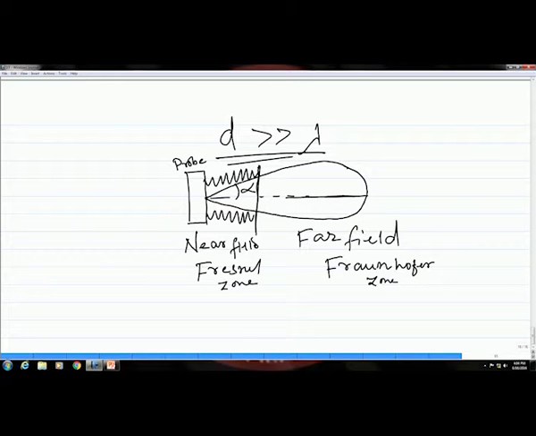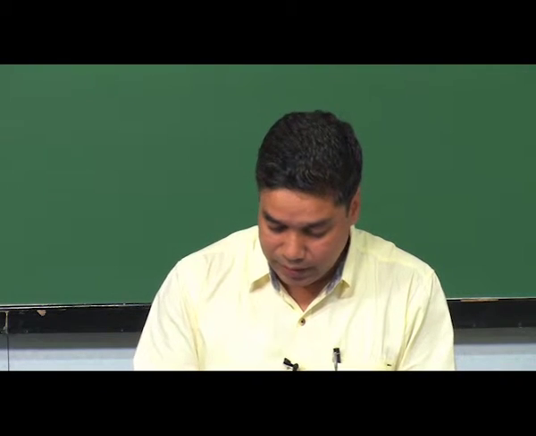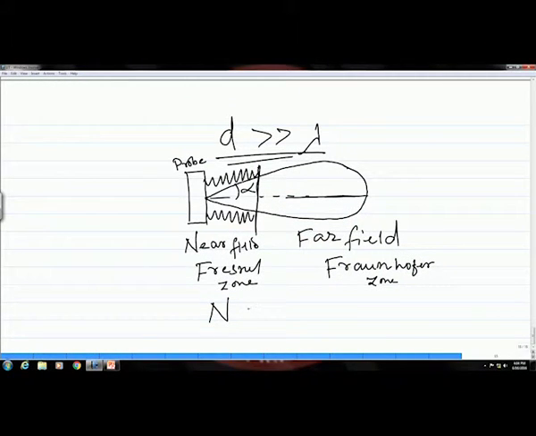And if you want to express them in terms of some parameters on which the extent of each of these fields depends: the near field, if we call that n, will depend on the size or the diameter of the transducer in this fashion, and it would also depend on the wavelength lambda. Okay. So, this is the extent of the near field, which depends on the size of the transducer d and the wavelength lambda.